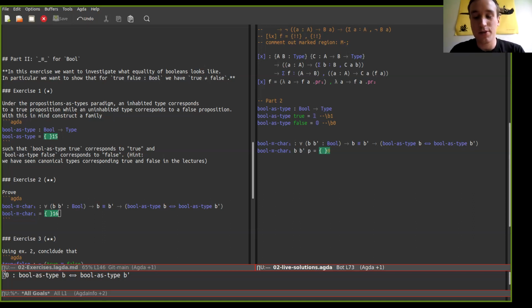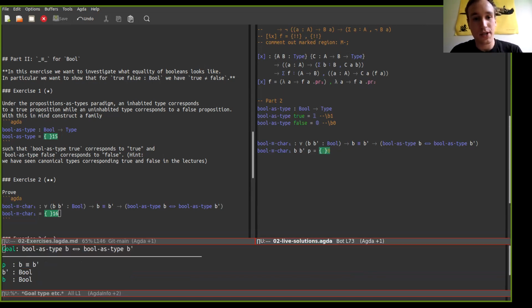I hope you don't mind. Exactly. So we have to prove something of this type. And now we can do path induction by pattern matching over P. Oh yeah, that's a P for proof of equality. That's a good one.